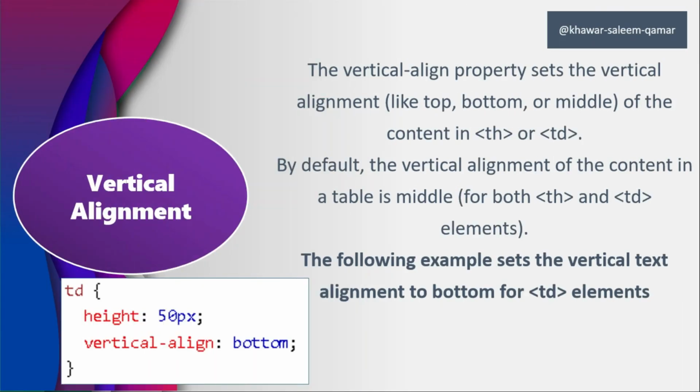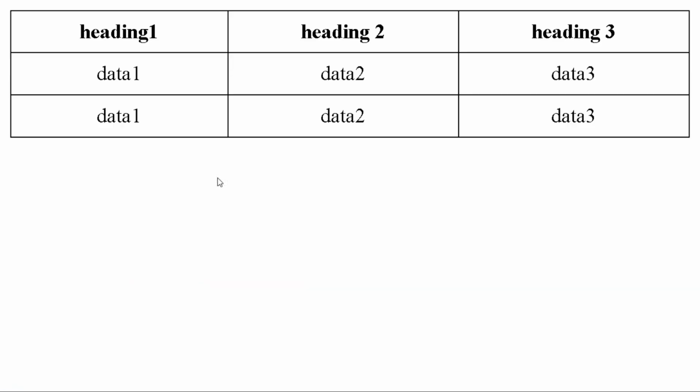After this horizontal alignment comes the vertical alignment. As in this writing, you can see that by default the vertical alignment of table head or table data is set to middle, which means it would be in the middle vertically. If we go to our table and see here, it is vertically in the middle. If we want it to shift to the top or bottom, we can do so as well.